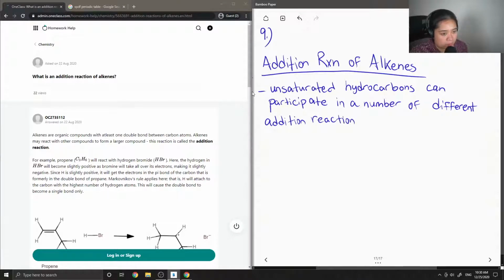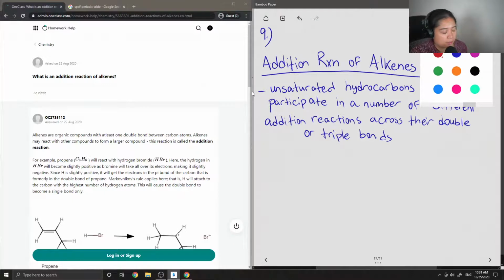So all of these different reactions can take place across their double or triple bonds. But for simplicity, I'll just show an example of an addition reaction across a double bond.